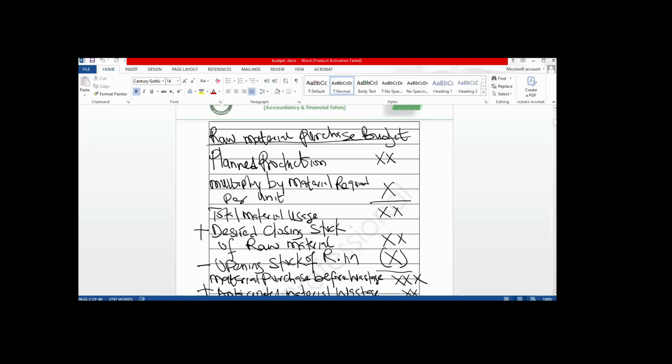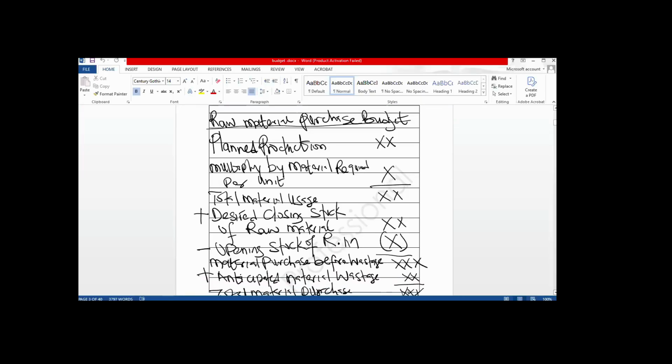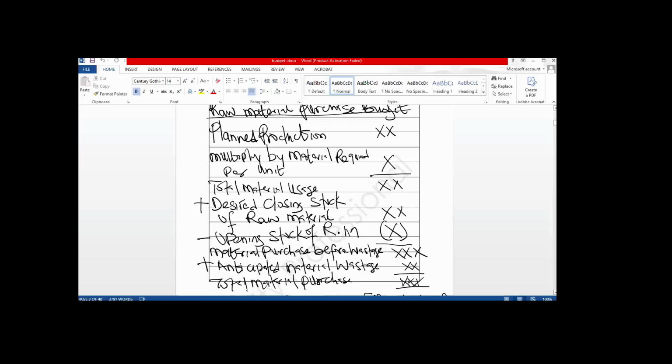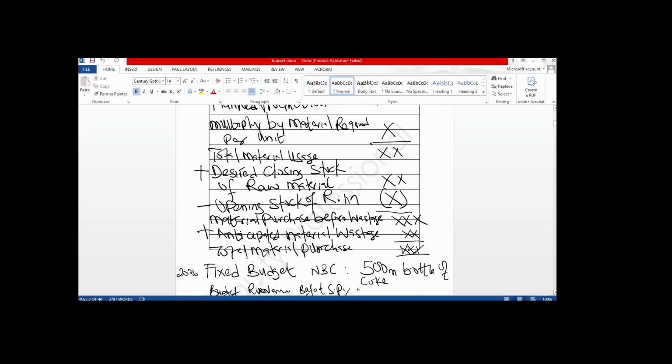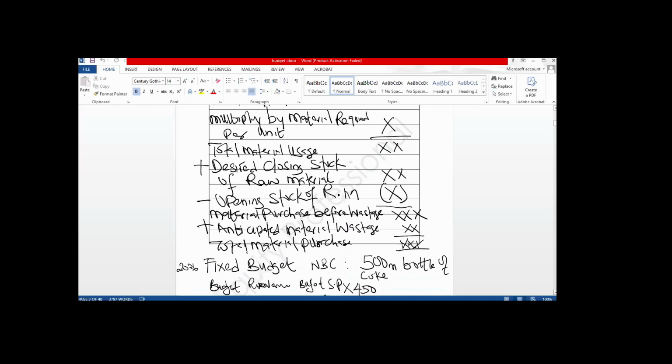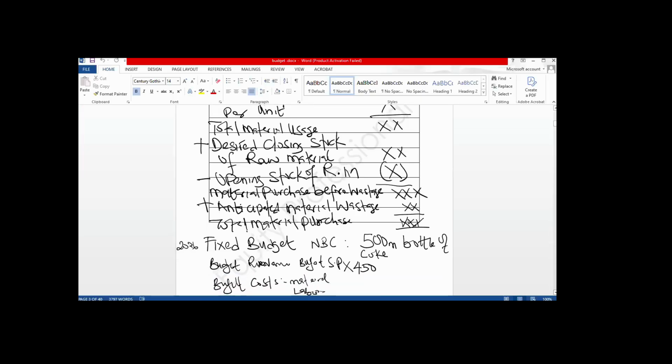Then add your desired closing stock of raw material. Then less your opening stock of raw material. That will give you material purchase before wastage.